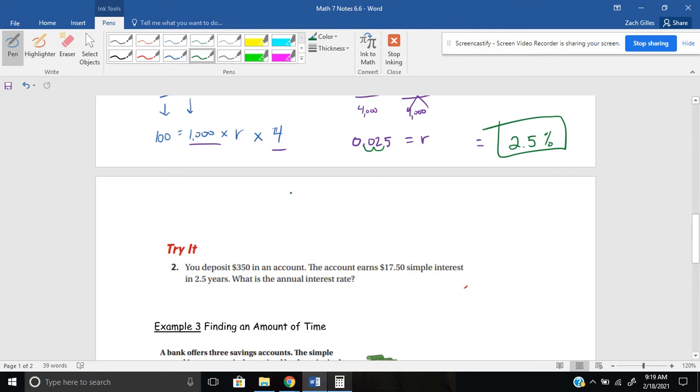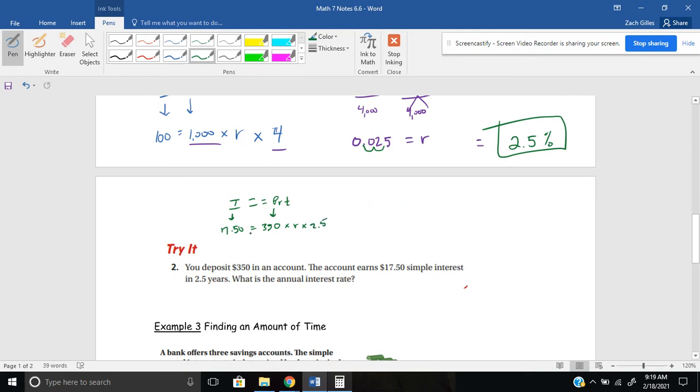Okay, again, I equals PRT. We know the principal is 350. We know the interest we earned is 1750. I'm looking for my rate, and I know my time is 2.5 years.